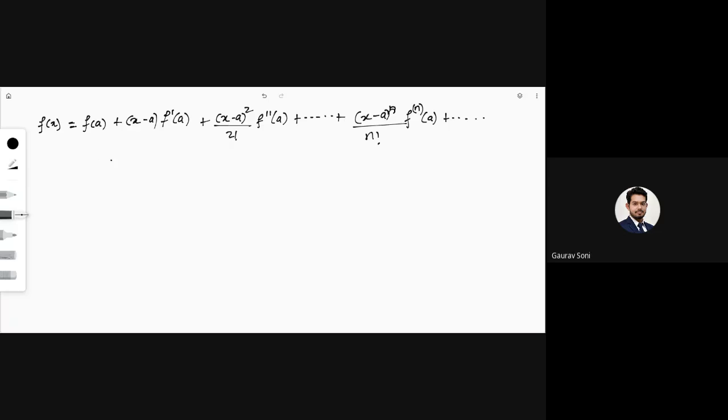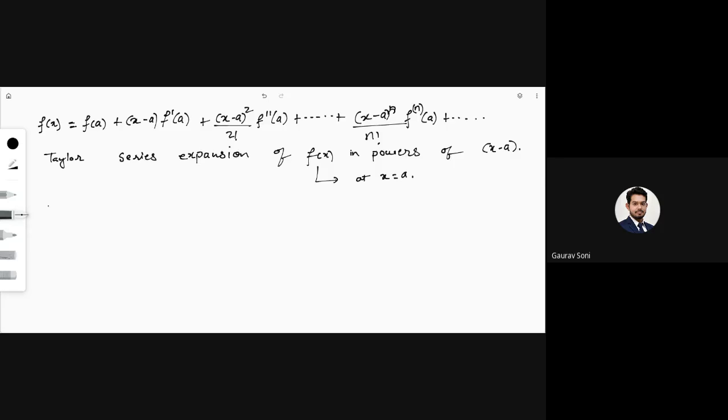This is the Taylor series expansion of f of x in powers of x minus a. Okay, there is a particular case which we need to study. This Taylor series is also called the Taylor series expansion of f of x at x is equal to a.